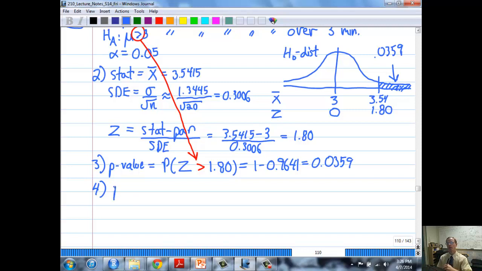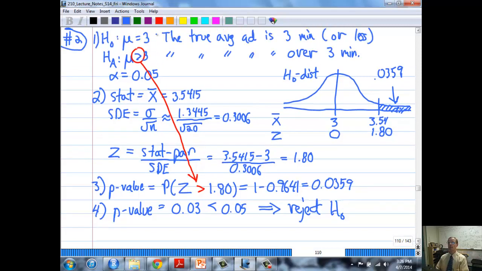It's not. So the p-value is 0.03, which is less than 0.05. Using our pre-established decision criteria, we now reject the null hypothesis. Using that rejection, we can draw the alternative hypothesis as the conclusion, which says the true average ad is over 3 minutes.